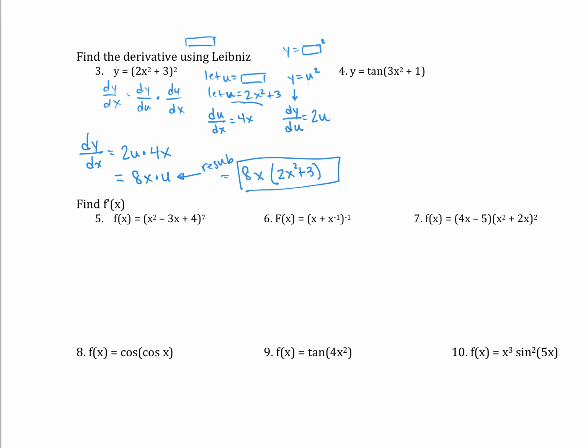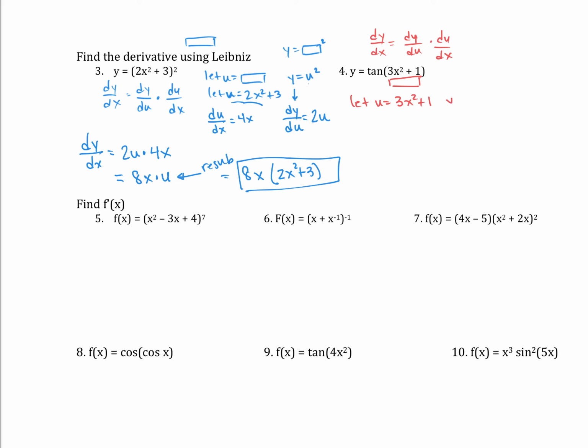Often when we do more things using this, it's called a substitution rule, but let's just save that for later. Let's do the next one. Okay, so remember, Leibniz, I need the dy dx equals dy du times my du dx. Okay, so this is what's my box right there, right? So that means I'm going to let u equal this box, which was 3x squared plus 1.